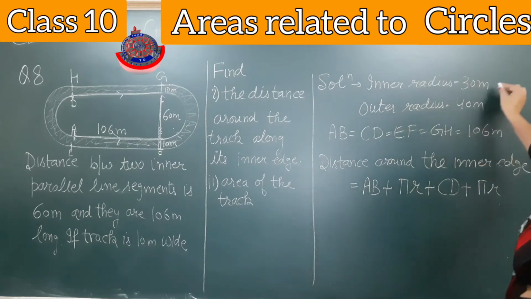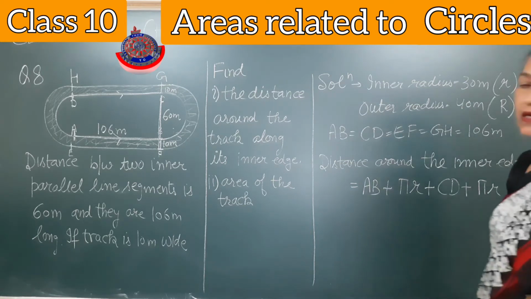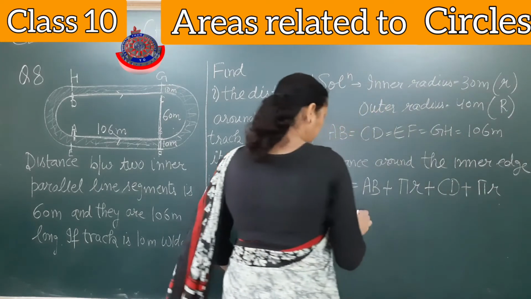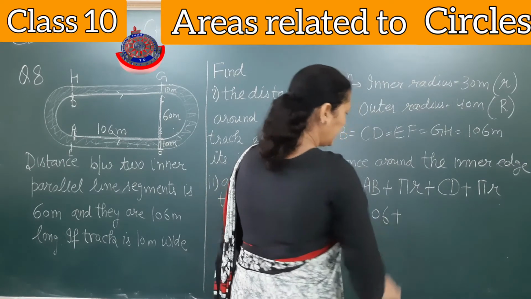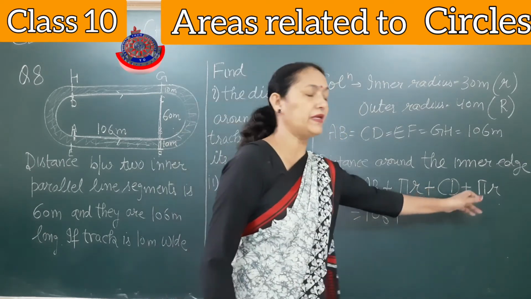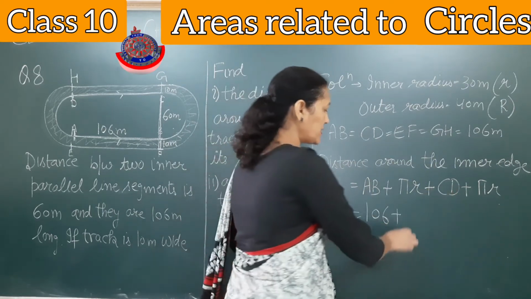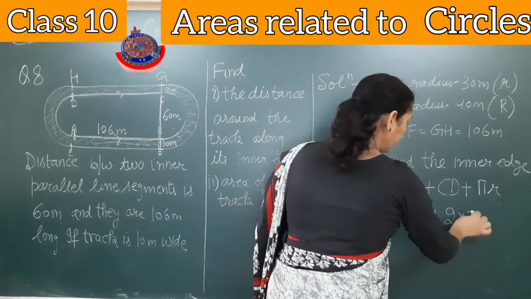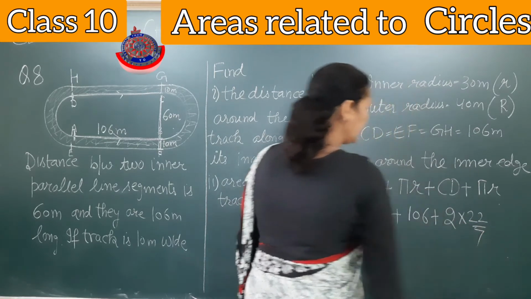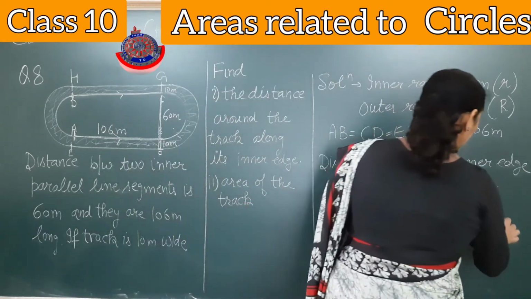Here small r is for inner radius, and for outer radius we have capital R. Now AB means 106. This pi r and pi r will be combined, it will form 2 pi r. CD is 106 plus 2 into 22 by 7, and inner radius we have taken 30. So it will be 30.